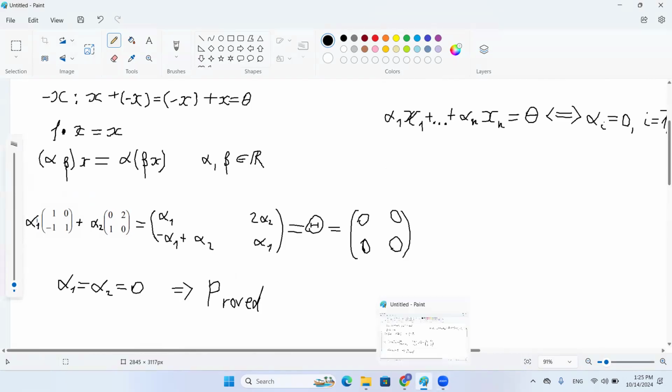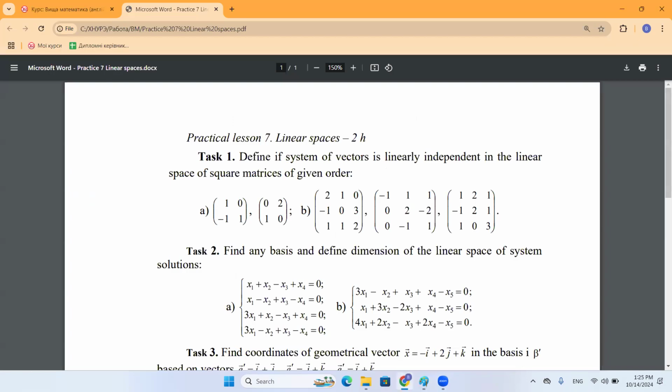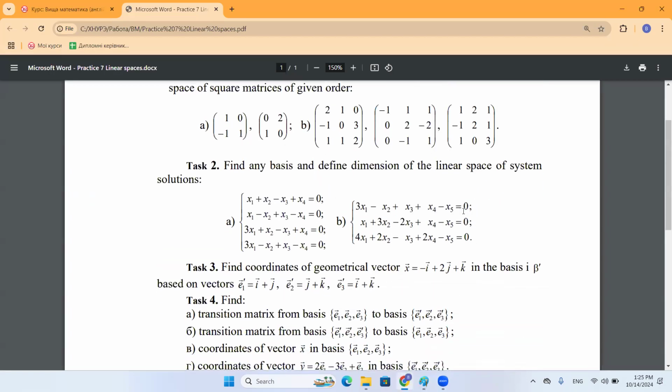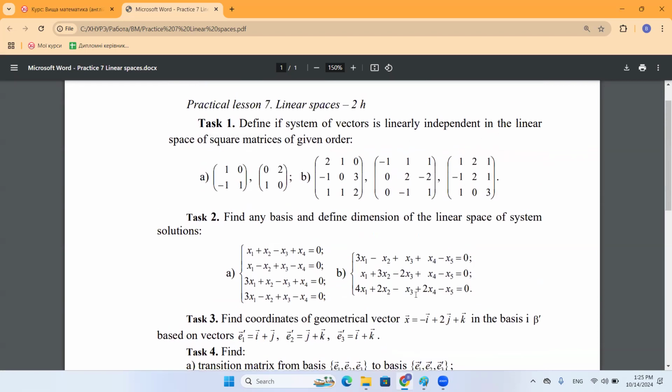Okay. Now I have a question for you. Who can tell me how to solve section B? How many alpha coefficients do we have here? Maybe anybody else wants to take part? Stanislav?